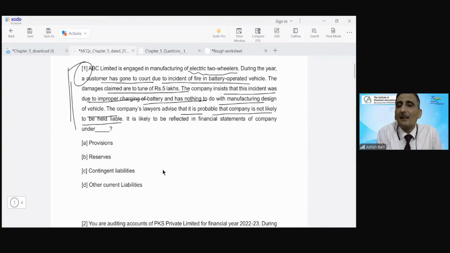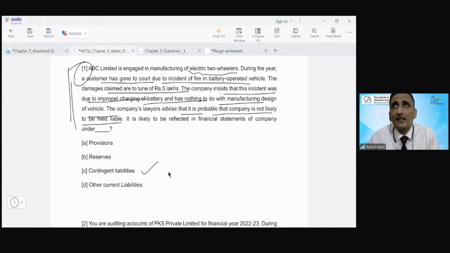So whether it is a provision or it is a contingent liability, it is a contingent liability. The lawyers have told that no outflow of money is expected. So then why you would be making a provision? So answer is C. All other options are wrong. It is not in the nature of reserve. It won't be shown as other current liabilities.